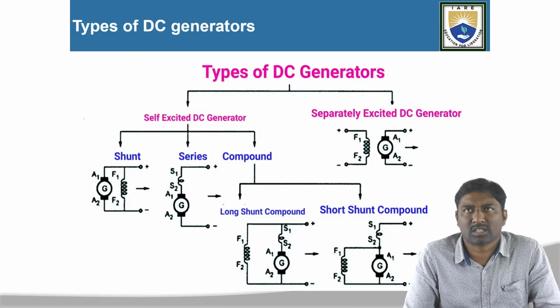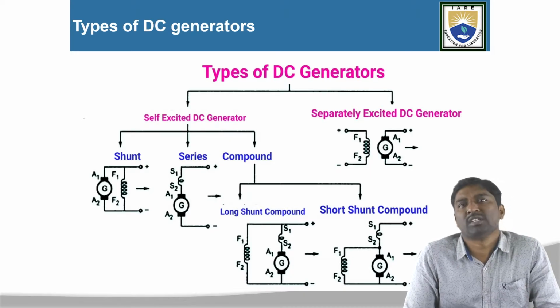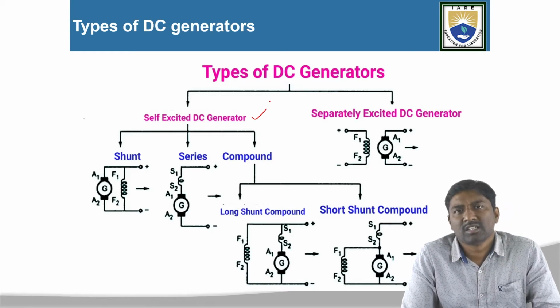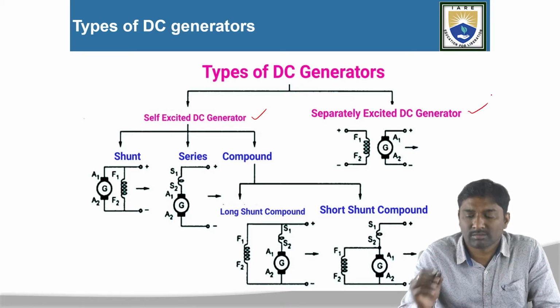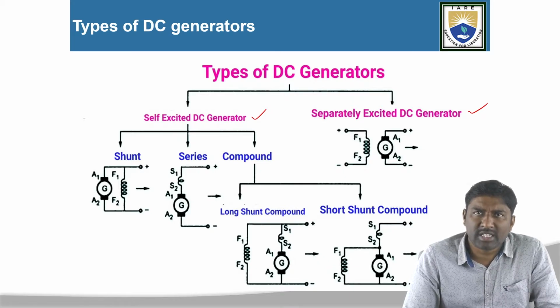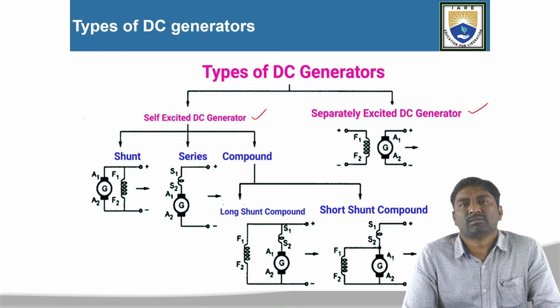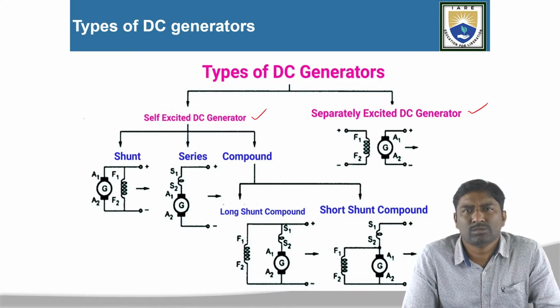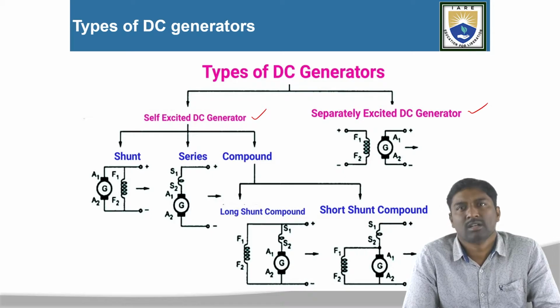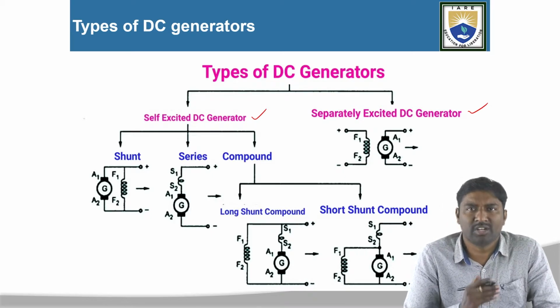The classification is according to the excitation. We have two types of generators: self-excited DC generator and separately excited DC generator. The self-excited DC generator is again classified into three types, according to the winding, that is, the armature winding and the field winding.